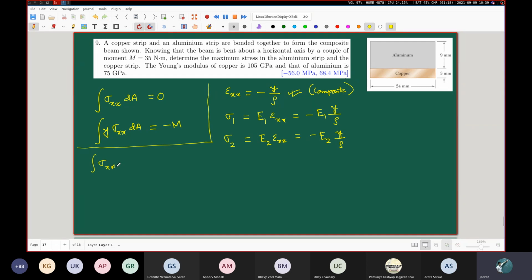This entire integration over the whole area of the cross section can be subdivided as integrations over the area 1 and that over the area 2.